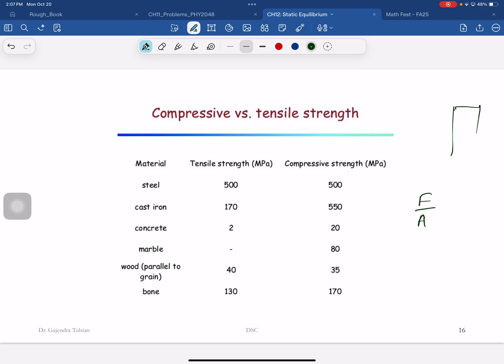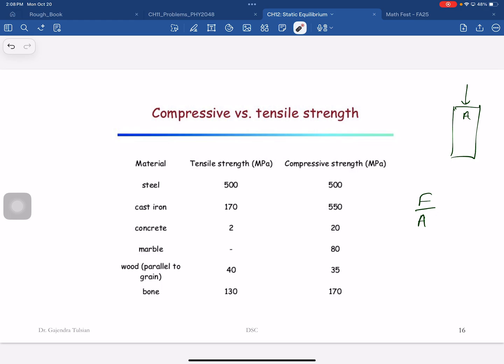Okay. And let me show this for concrete. So here's concrete, and you see tensile strength is 2 megapascals, and compressive strength is 20 megapascals. So it takes a 10 times greater stress to compromise a concrete structure under compression compared to tensile stress.